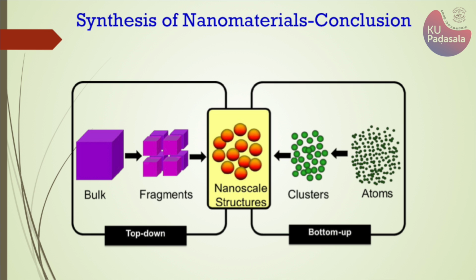In the left part, we are beginning from bulk metal and reducing it to nanoscale, and in the right part, we are beginning from very small atoms and clubbing them together to produce the desired nanometals. These are two different, opposite approaches.